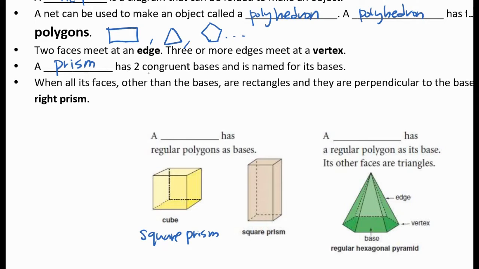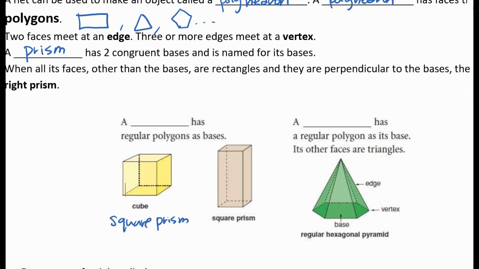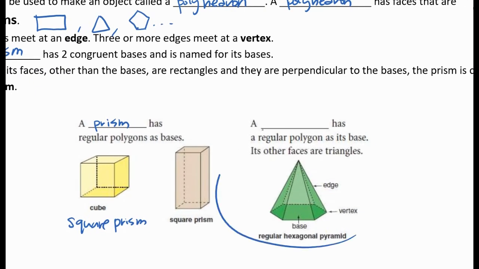And a prism should have two same bases, bottom and top. So this is a prism. This is called a square prism as well because it has a square base, right? So a prism has regular polygons as its base. And this is not a prism because it does not have the same bases at top and bottom.